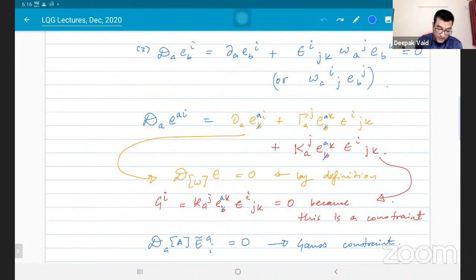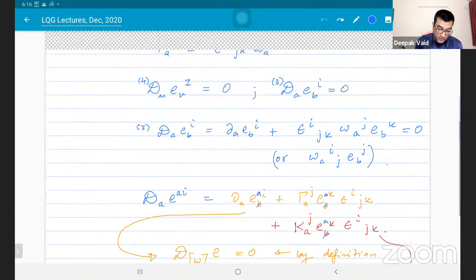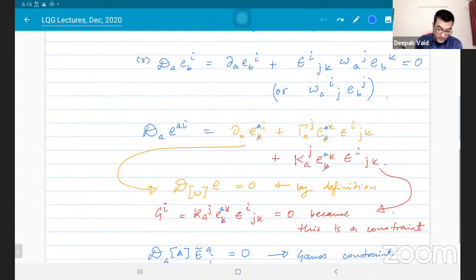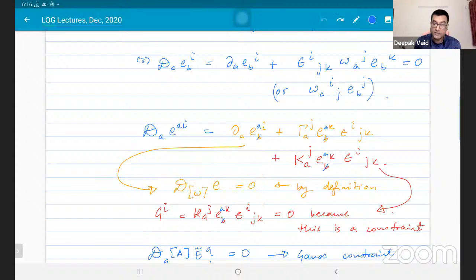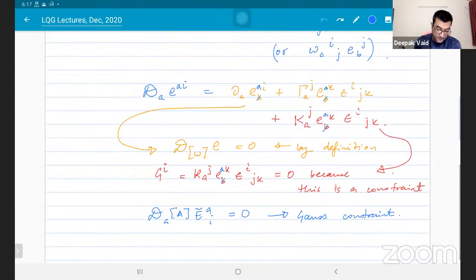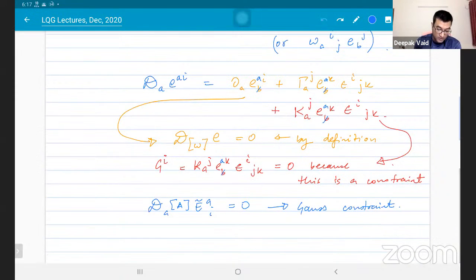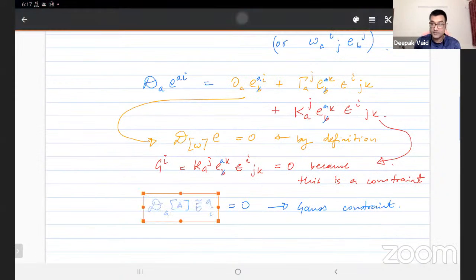So in terms of these variables, the Gauss constraint can be written in a form which actually resembles what we normally think of as the Gauss constraint, which is that the divergence of the triad vanishes, or the divergence of the co-triad vanishes.